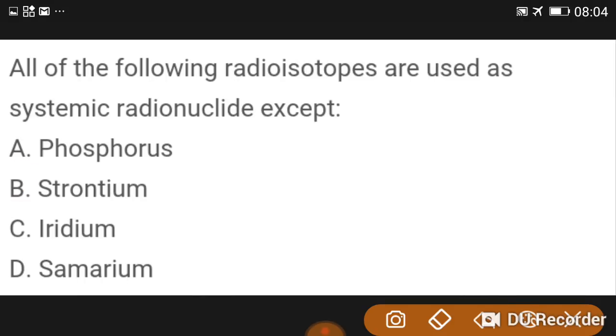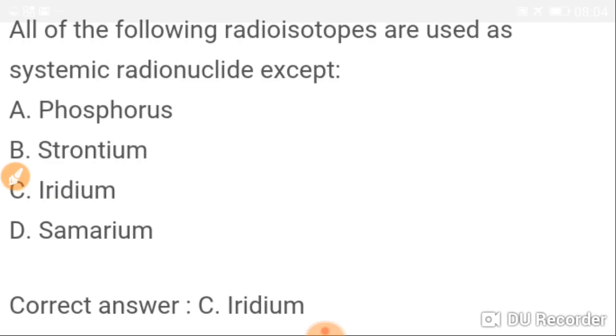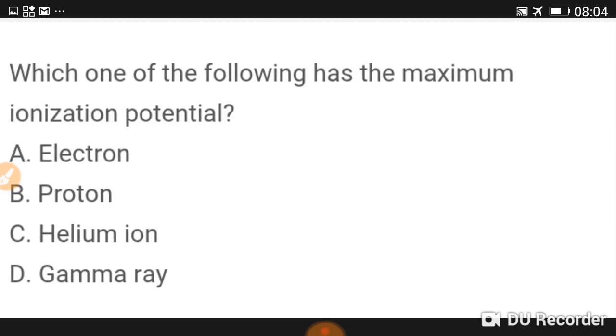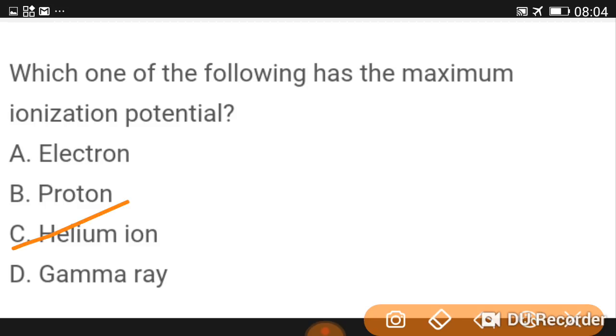All of the following radioisotopes are used as systemic radionuclides except iridium. Which one of the following has maximum ionization potential? Helium ion, and maximum penetration potential is by gamma.